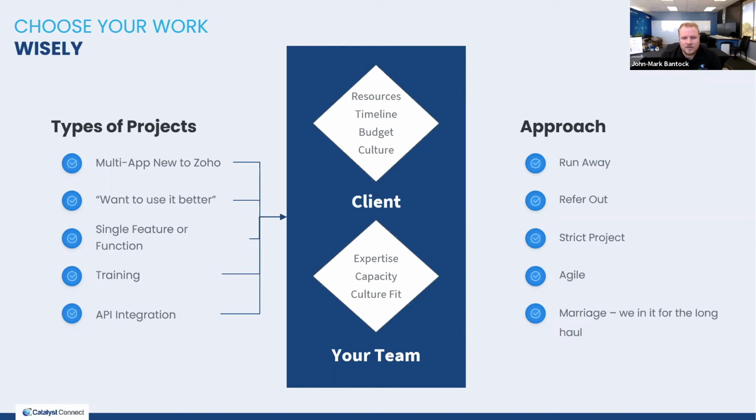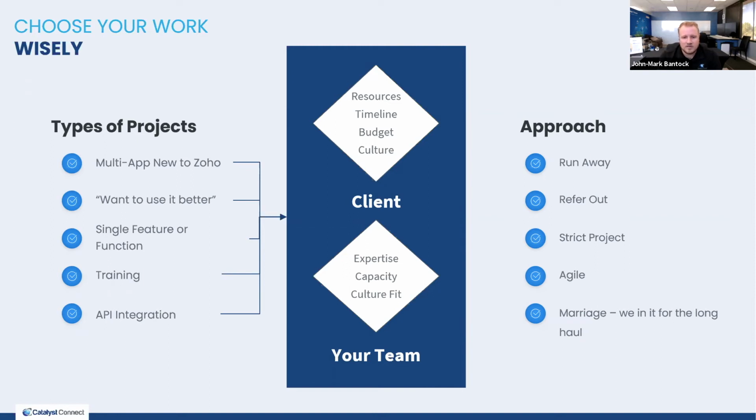So our big focus is really making sure that we are cognizant of what this project is that we're taking on, what the client expectations are, and coming up with a plan for the entire customer lifecycle. Is this going to be a one and done custom function and we're never going to hear from them again? Or is this going to be a client that's going to want us to implement and then have a dedicated resource, for 5-10 hours a week for the next year to be their point person?